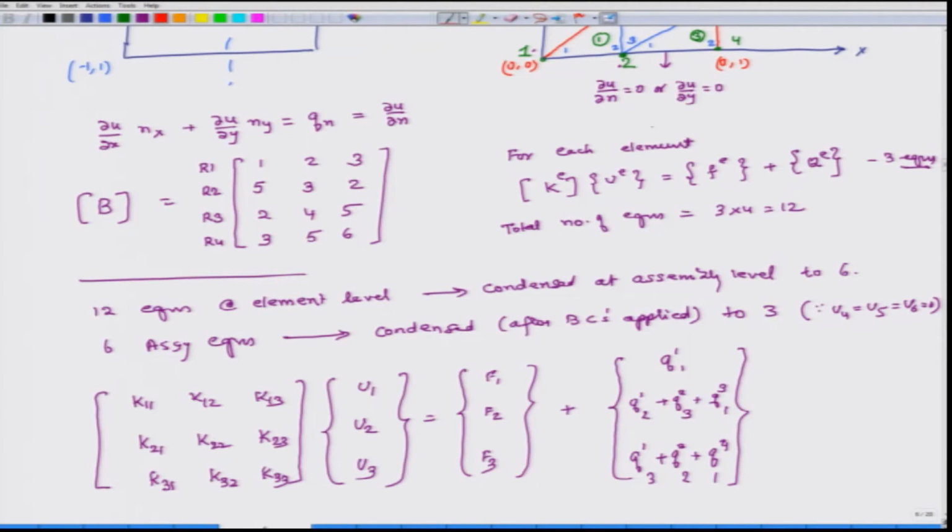Now what is the value of Q1 1? Actually, I should have labeled these as capital Q's.